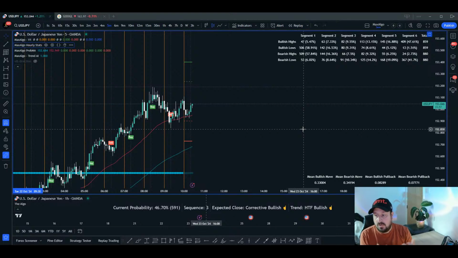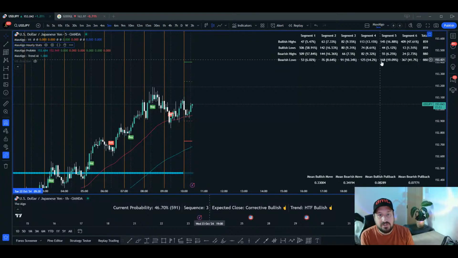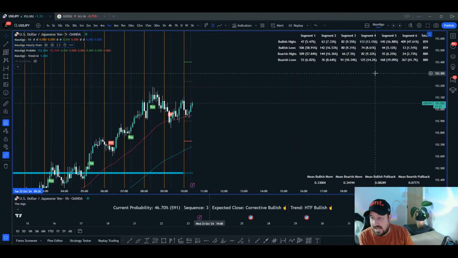So if this candle's bearish, 60% of all the lows are in the last 20 minutes. If you're taking profit in the first half an hour, you're really losing out, because of that hour you've got 6%, 8%, and 10%.